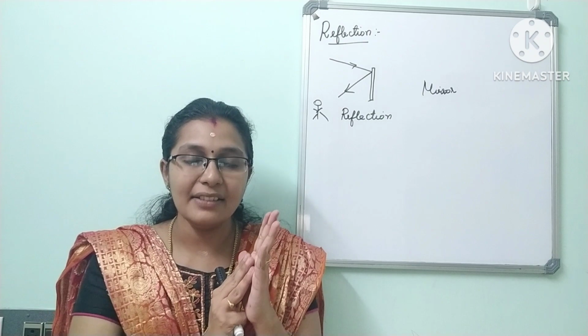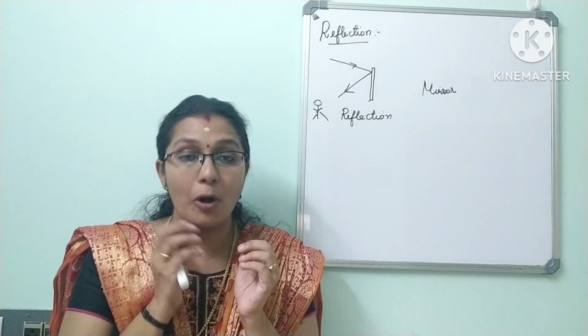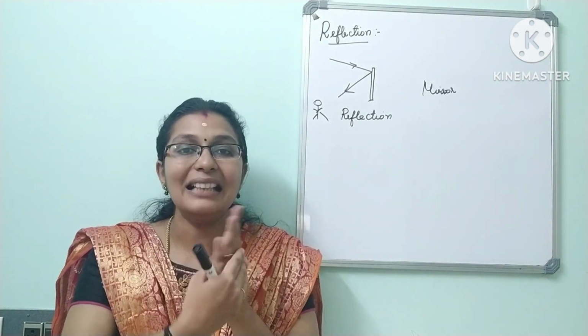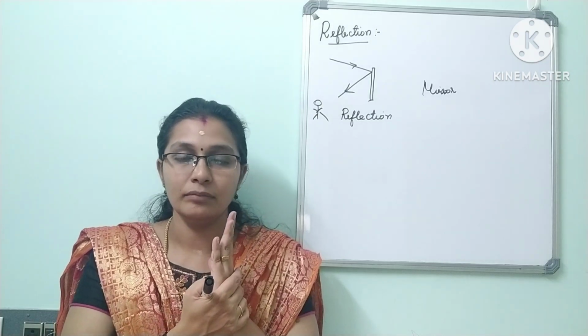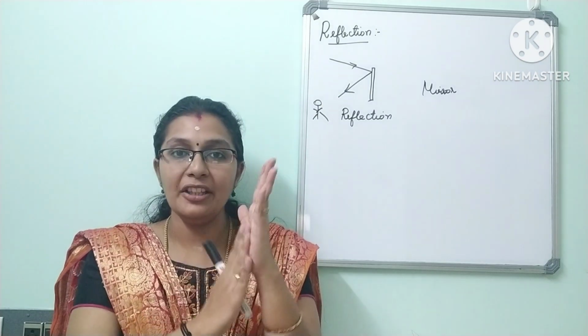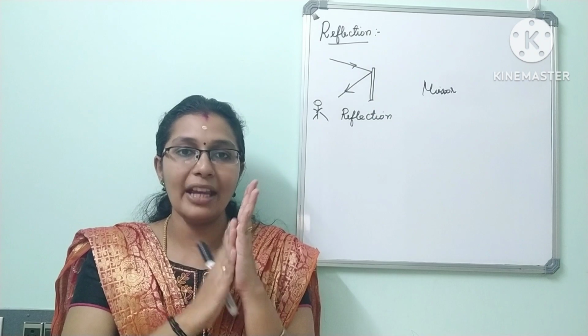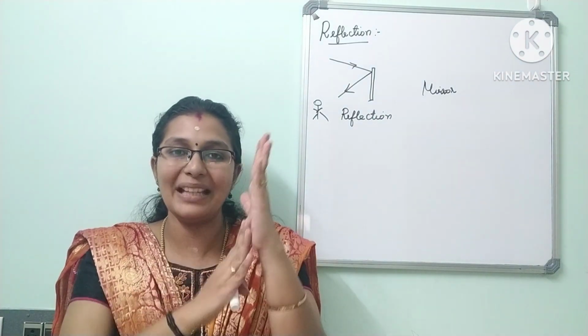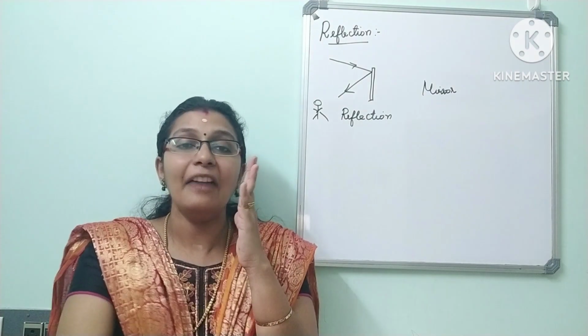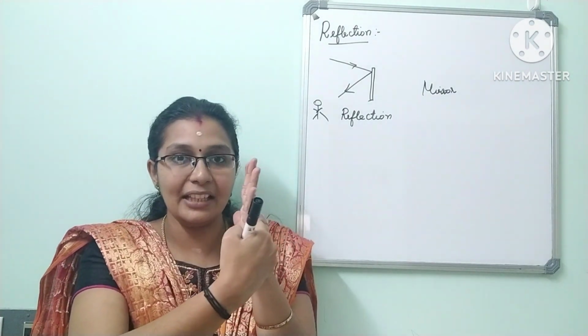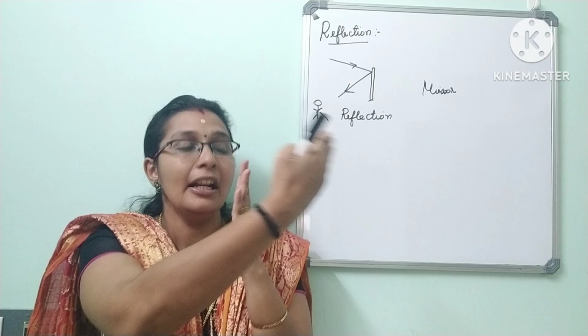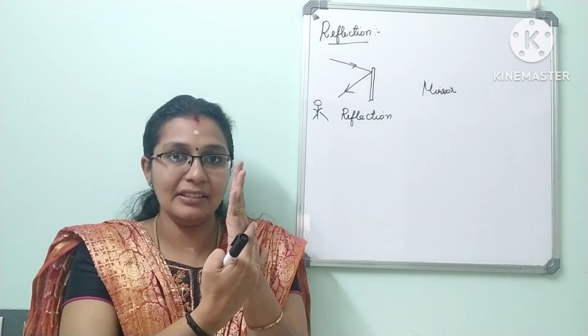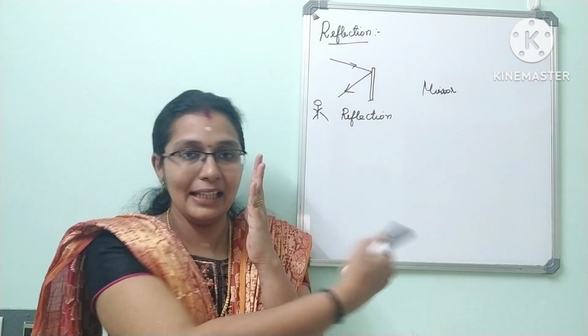So a glass, when it is polished on one side, the other side becomes reflecting. Clear? I am polishing using silver. I am coating this side with silver. So what happens is it becomes the polished side, and when light falls on this side, it becomes the reflecting side. When light is incident on this side, it reflects the light.